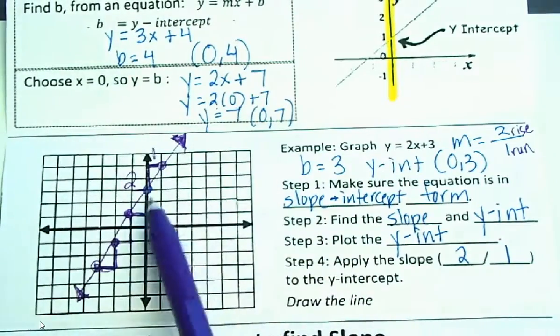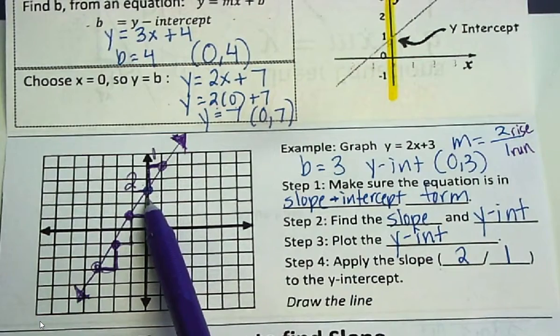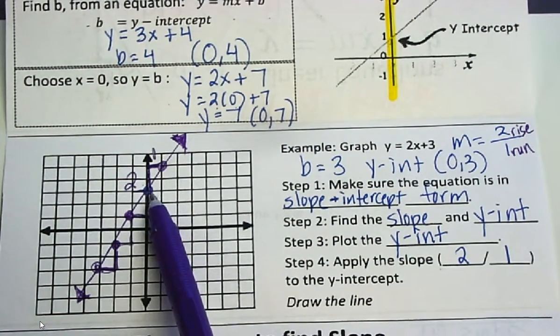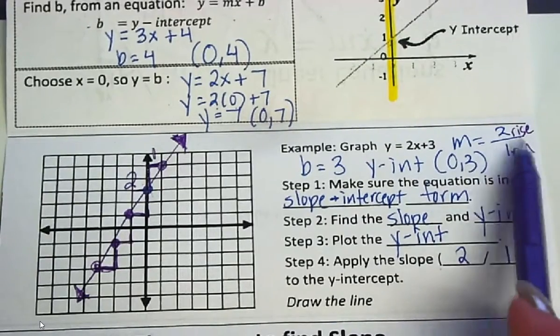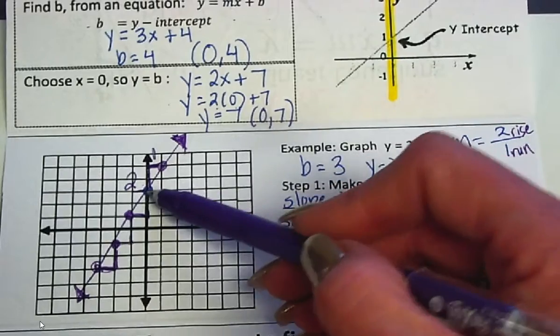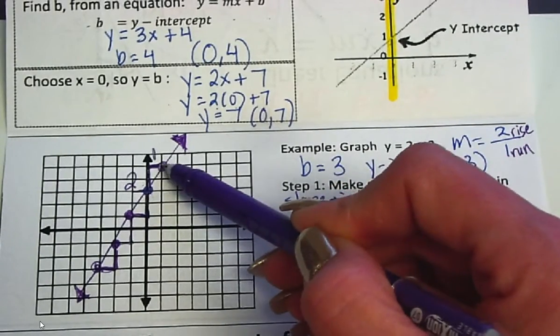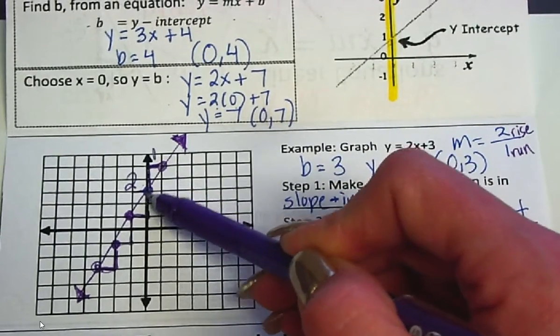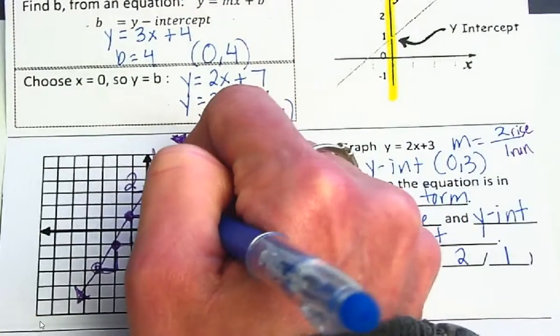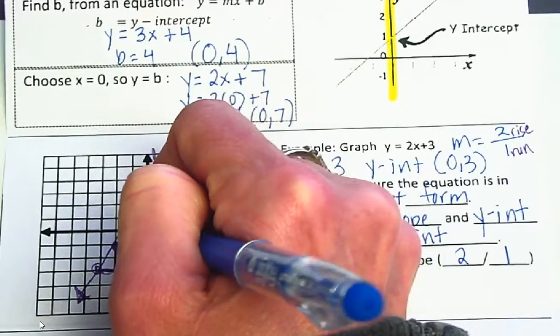So again, we started out with our y-intercept. We plotted our (0, 3), which is this point here. And then using what I knew about slope, that slope was rise over run. So that means the next point would be up 2 over 1. So I took this point, I went up 2 over 1. And then to get the other points, I went down 2. I want you guys to see that. This is a negative 2 and this is a negative 1.